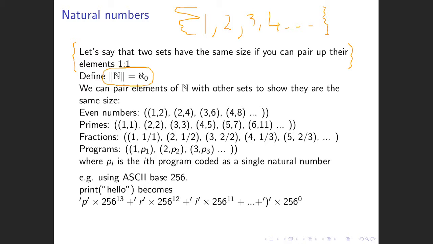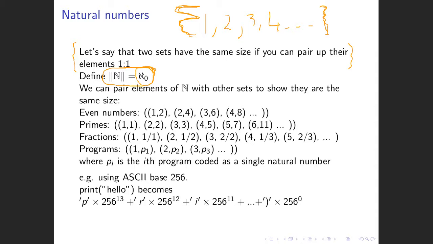So the size of set A was 3. This is a new thing that we haven't seen before, so we're just going to make up a symbol and a name, and we're going to call it this thing, which is pronounced Aleph-0. It's the Hebrew letter aleph, as in alphabet. Aleph-0, from the alphabet.